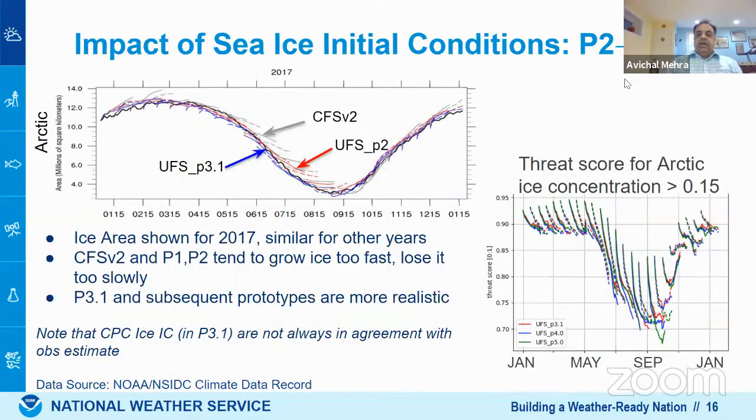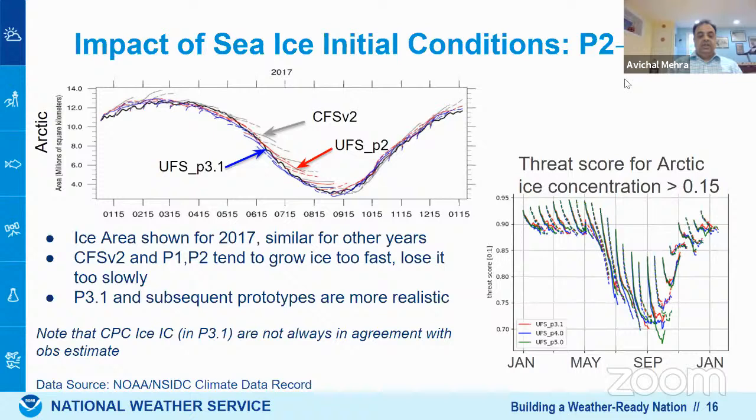Similarly, when we moved from prototype 2 to prototype 3.1, we got better sea ice initial conditions, and we saw improvements in how we were growing or melting sea ice. So prototype 3 with the better sea ice initial conditions did better as compared to earlier prototypes, as well as CFS.